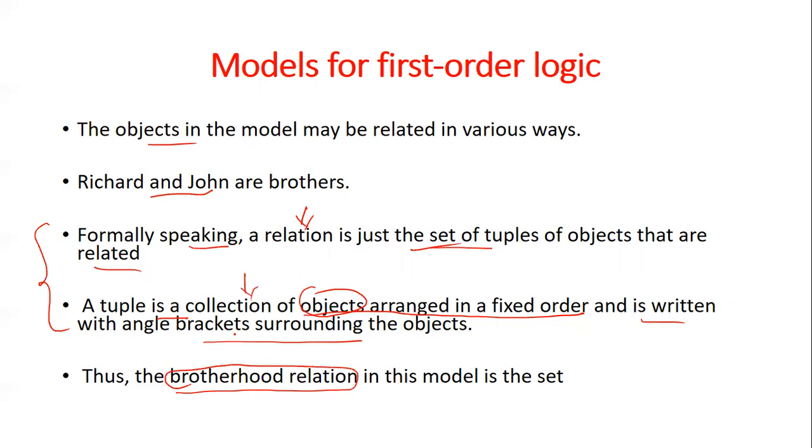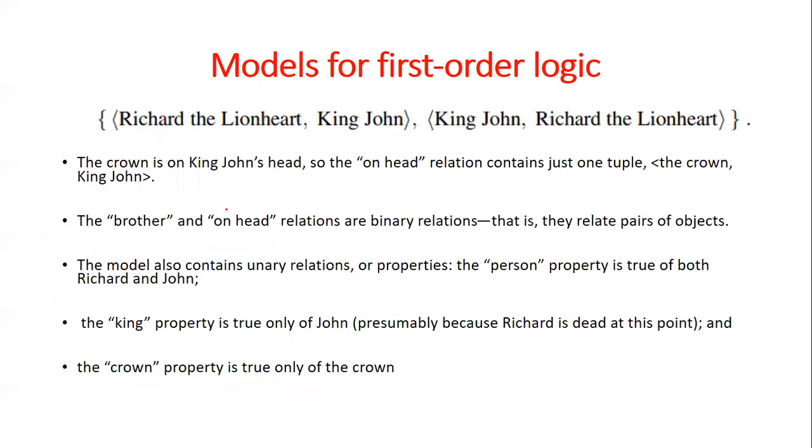Now let us see an example of how the brother relation can be represented using tuples. So here you can see, as we discussed previously, R represents, in that example, Richard the Lionheart. Similarly, J represents King John.